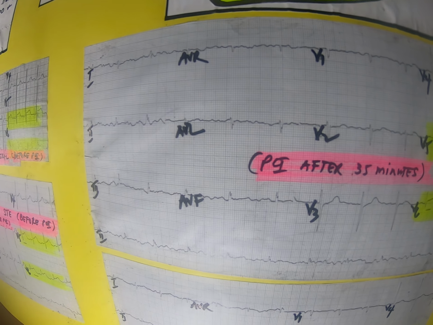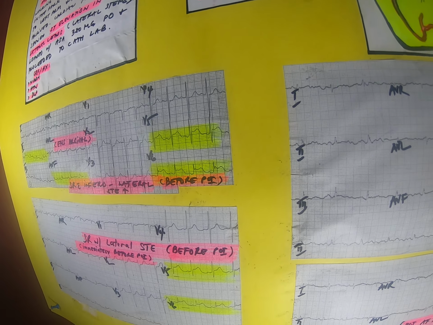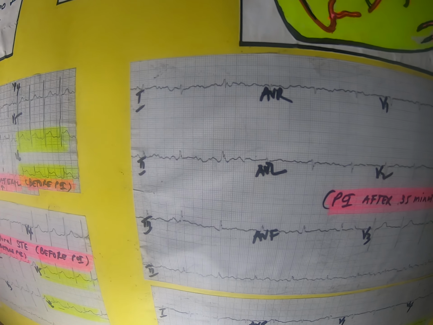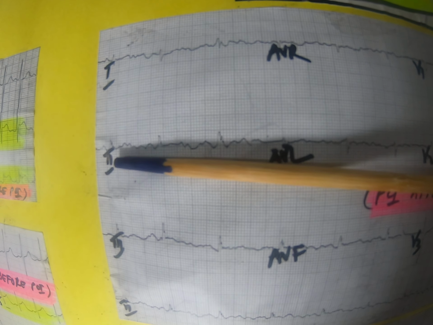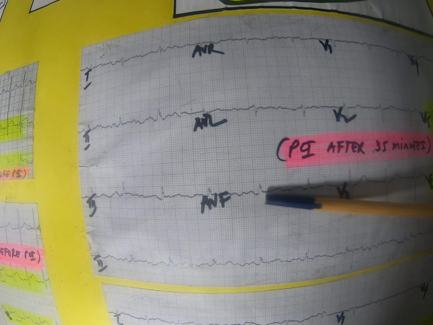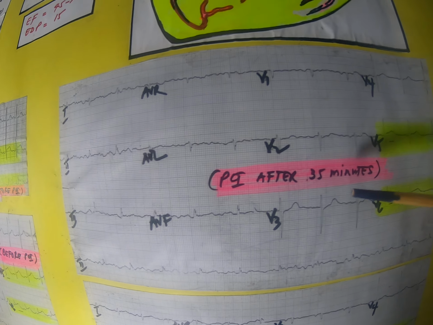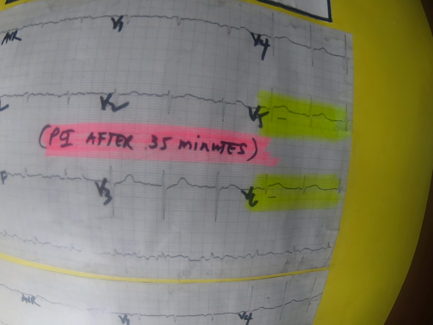Let's take a look. In lead 2 here, the ST segment is isoelectric. And if you look at aVF, it's almost isoelectric. So that's also good. That means our main problem is the lateral part of the left ventricle.